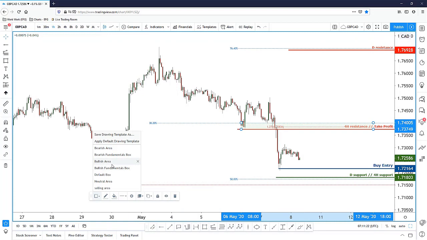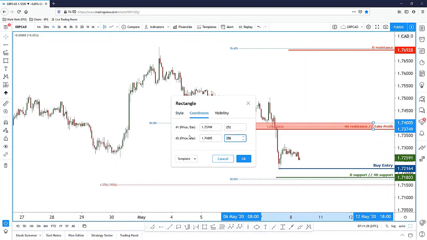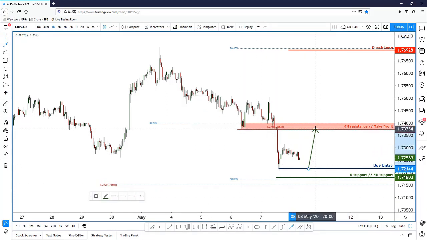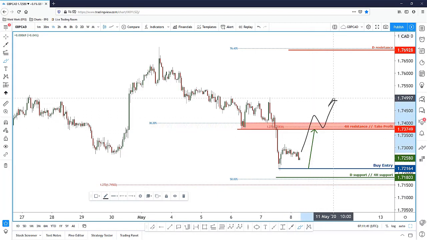Let me stretch this further. So it's a zone, right? And I'll buy at this level and play up to this take profit level. The daily resistance is a bit too far off. However, only if price comes up, breaks, retests, and continues its move up, will I play to the second take profit at the daily resistance.